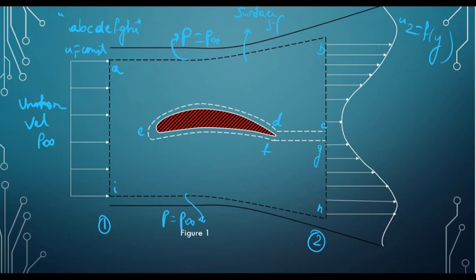Now, what is the moving fluid doing? It is exerting pressure and shear stress distributions over the surface of the body, which creates a resultant force known as R per unit span of the body. Now, what is this R and how does it carry importance? Let us have a look.